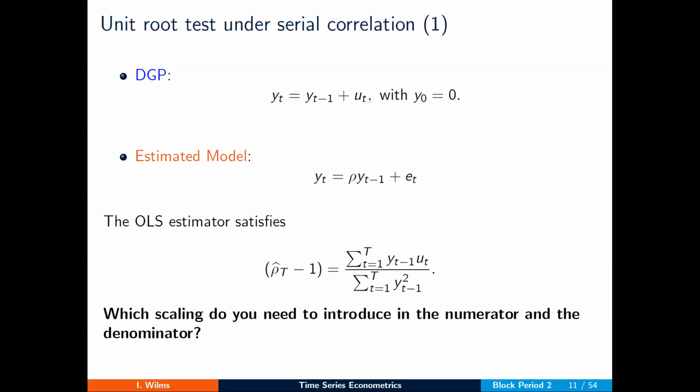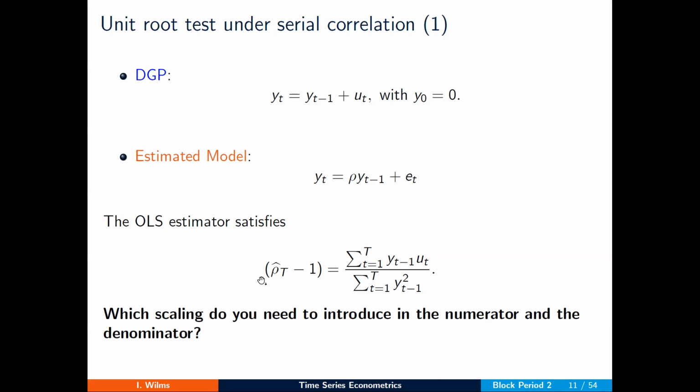The crucial next step then is to introduce the appropriate scaling in the numerator and the denominator of this expression. And then we combine the terms in T to determine the asymptotic rate of convergence. In other words, the power of T by which we need to blow up this difference.